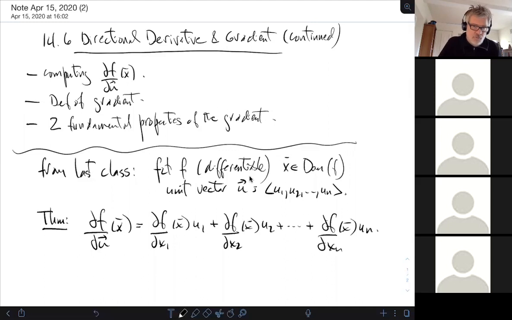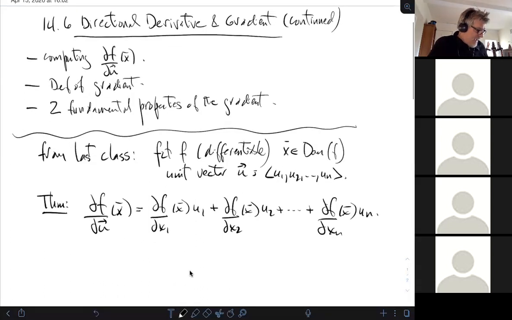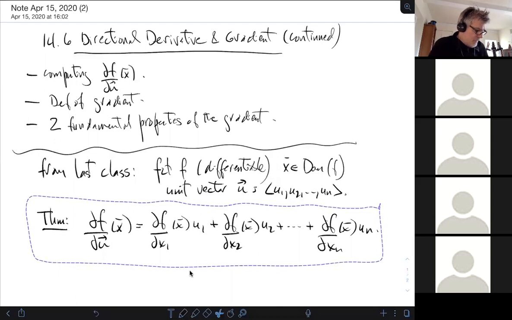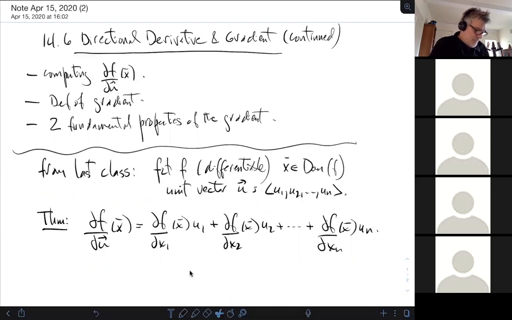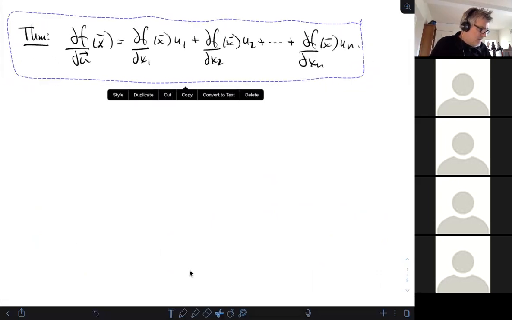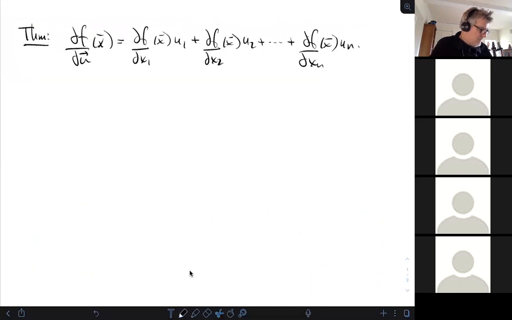Okay, and I did the proof in two variables, I think. And at the very end, I had you notice that if you look at this expression, it turns out that it is a dot product. So notice that this is the dot product of two vectors.